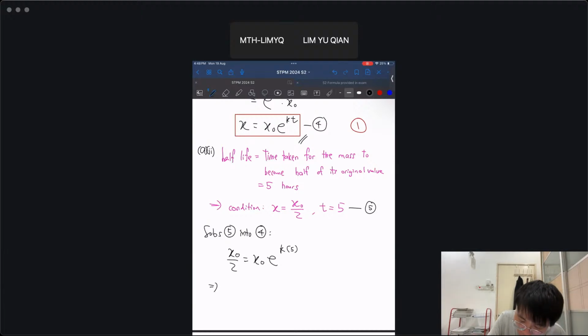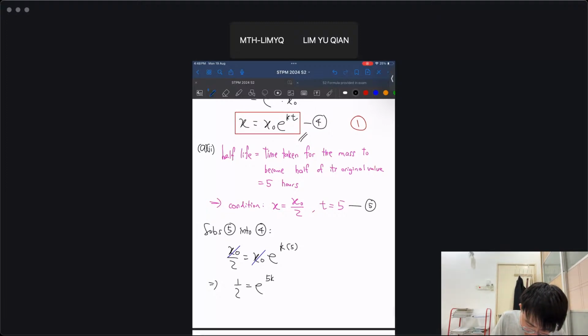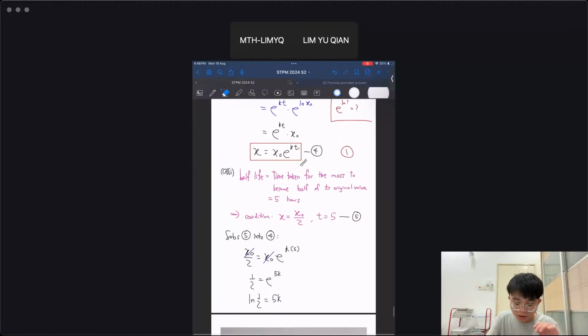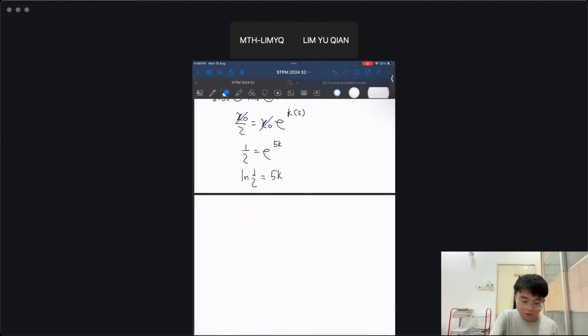So x naught can cancel, cross multiply. So 1 over 2 equal to e^(5k). From here, if you ln both sides, ln 1 over 2 equal to ln e^(5k). Somebody will just do like that only. So value of k is 1 over 5 ln 1 over 2.